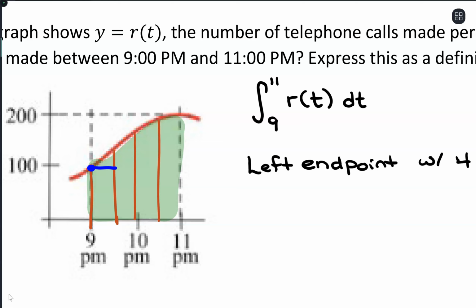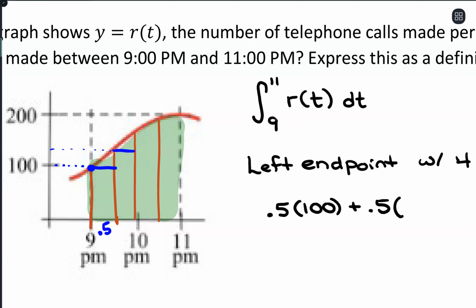The width of these rectangles is going to be 0.5, because that's 9.5, 10, 10.5, 11, instead of saying 9:30, 10:30. That height there is pretty much at 100. So one of our rectangles is 0.5 times 100. Then we're going to add on 0.5 times the height at 9:30, which we're just going to have to estimate as best we can.